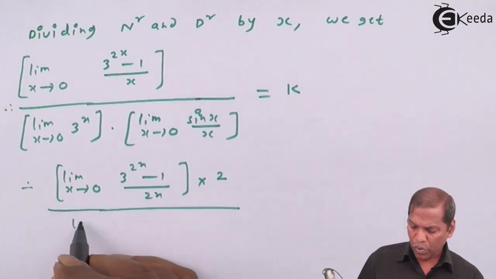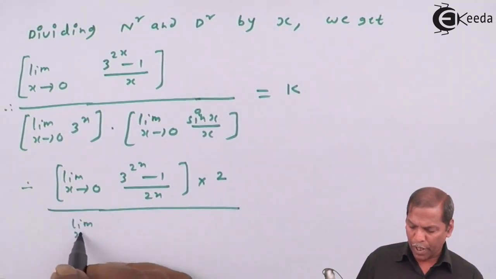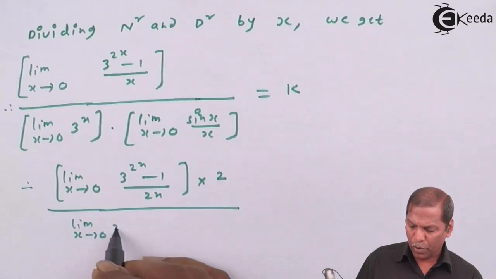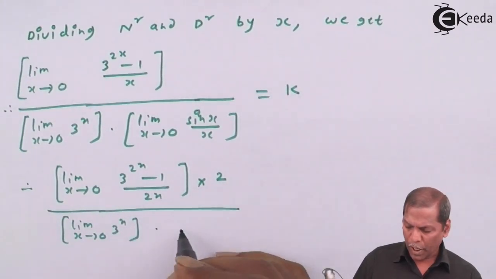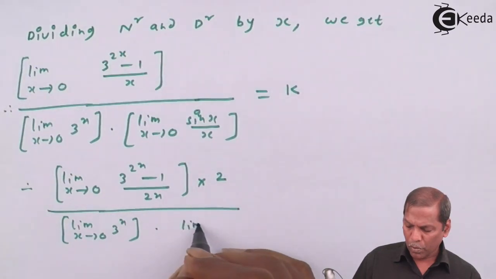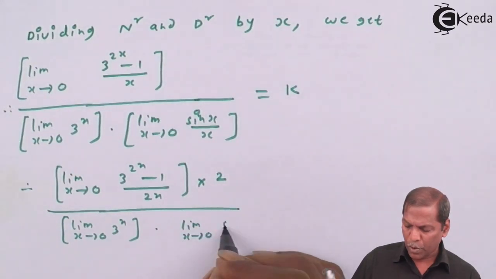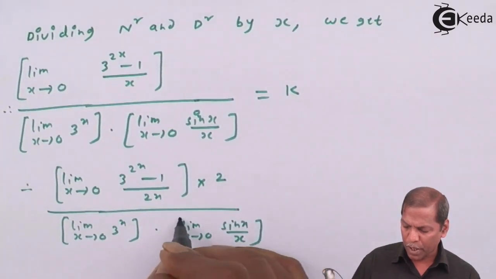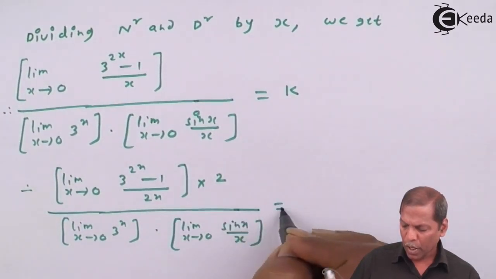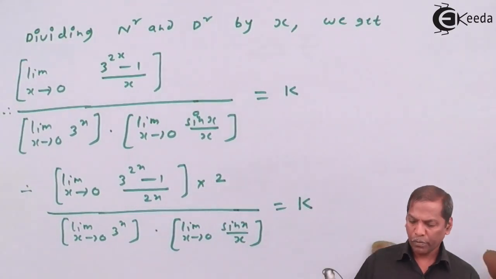Upon, we write limit x tends to 0, 3 raised x as it is, and into limit x tends to 0, sin x upon x, and that equal to k.